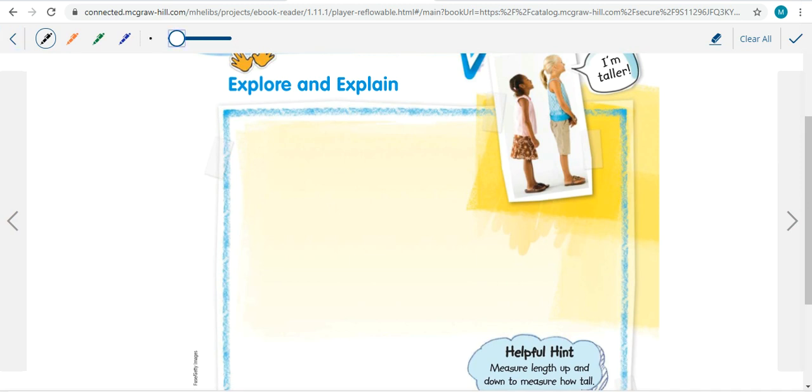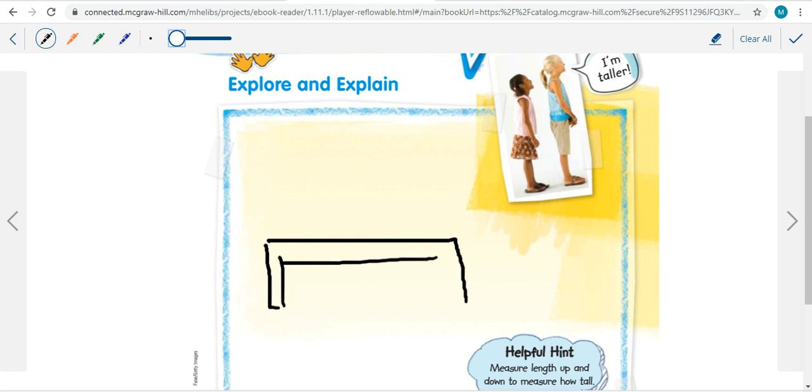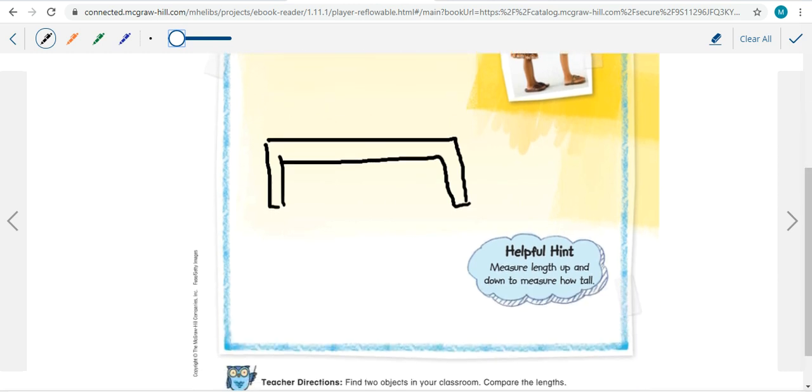For example, we might compare the teacher's desk. So you draw the teacher's desk, and we are going to compare it with a pencil.